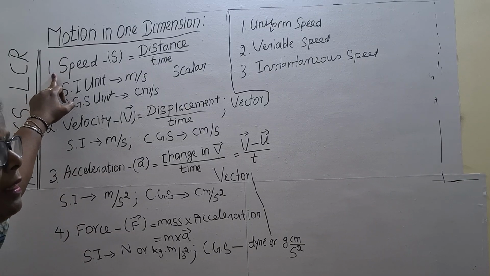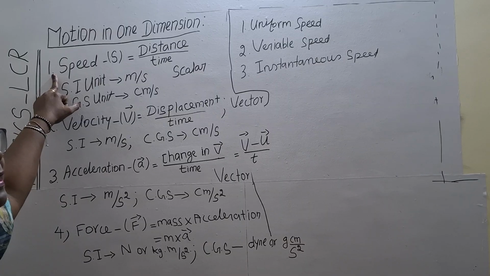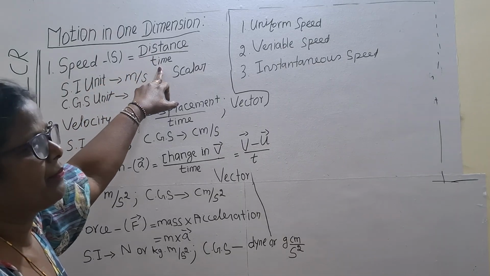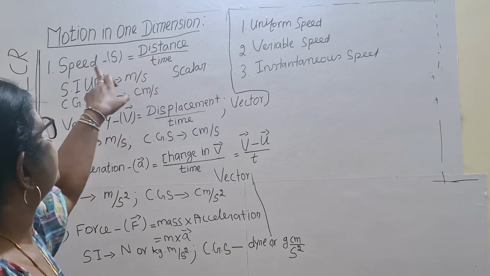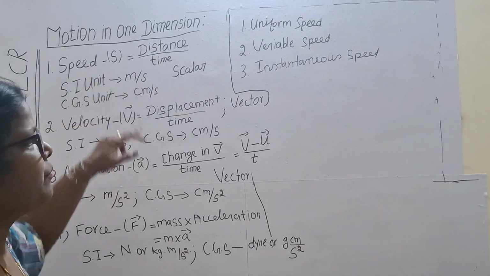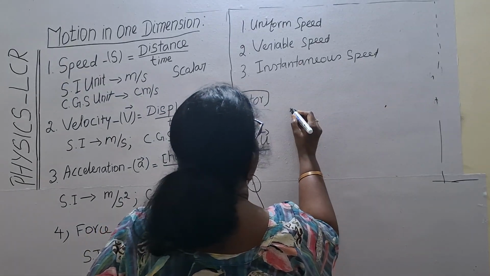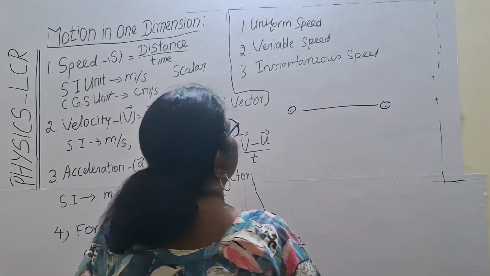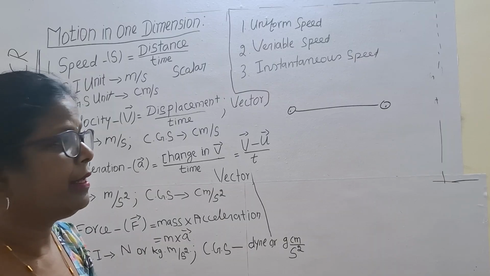What is speed? When a body covers a distance per unit time, this is known as speed. A body moving is actually covering a distance. When a vehicle is moving, what is the speed?